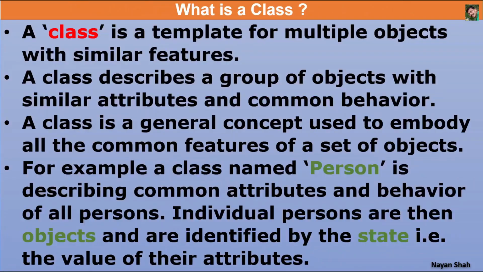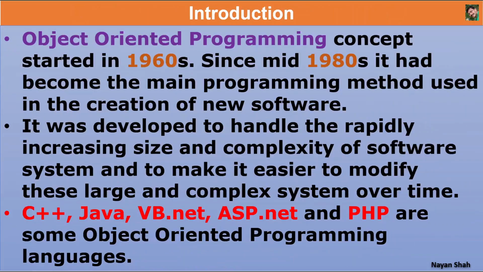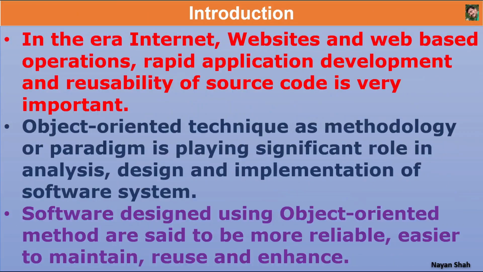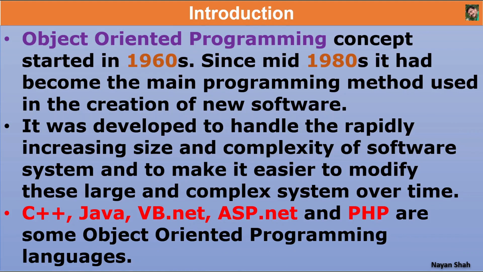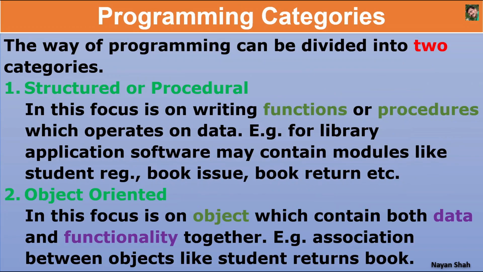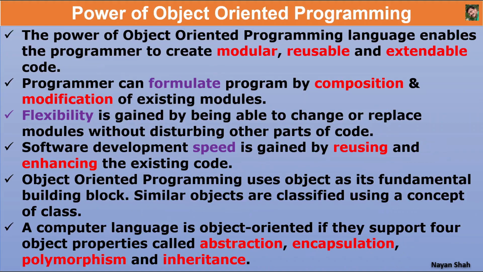So today we discussed what objects and classes are. We took an introduction to object-oriented programming, when the concept started, which are the popular object-oriented programming languages, and the types of programming categories. There are two categories of programming: structured or procedural, and object-oriented. Then the power of object-oriented programming: it is modular, reusable and extendable code.